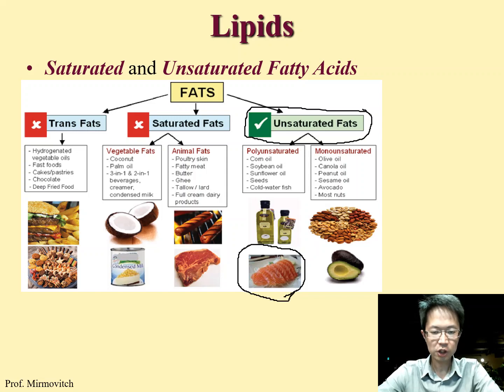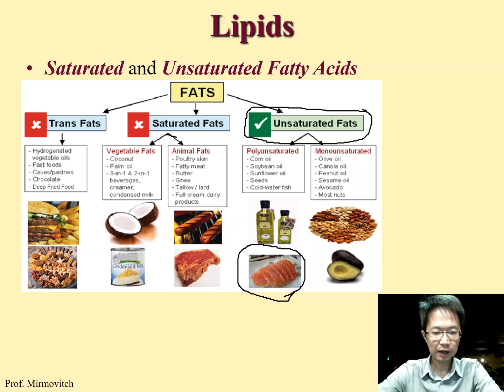This is fish. Fish has a lot of omega-3 oil. And omega-3s are unsaturated fats. They are very good for your brain. And this is like the only so-called oil from animals that is good.